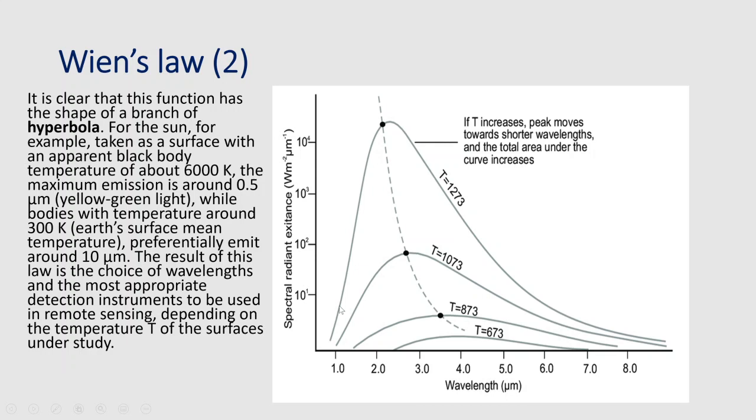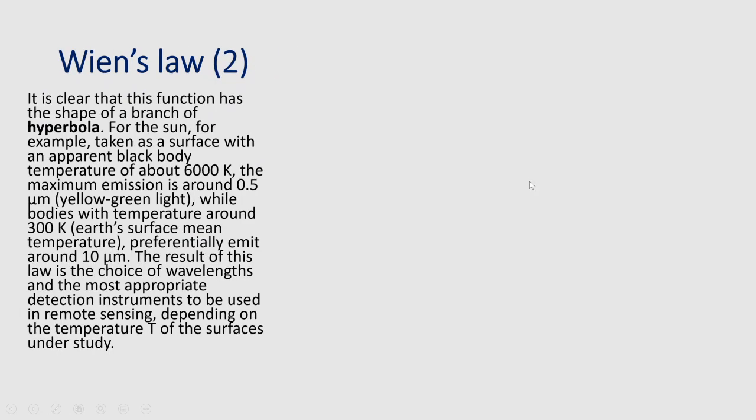So the bigger the temperature, the smaller the wavelength. And on the contrary, the lower the temperature, the bigger the wavelength of the maximum emission. All right? So, this is quite important, because I have to mention these things here.